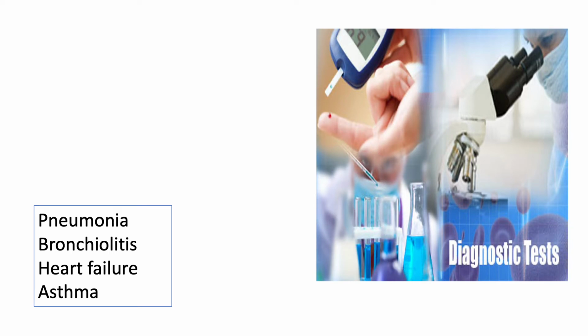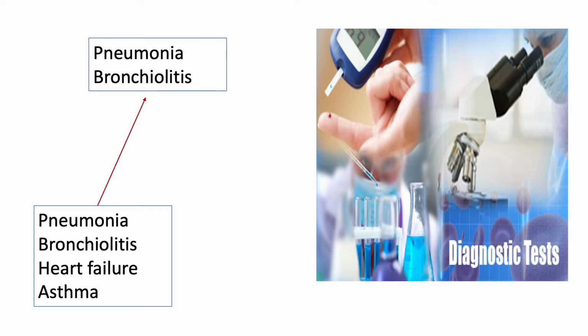We take more history, we do clinical examination, and we send initial diagnostic tests according to the initial probable diagnosis that we have in mind. And after having more information and some results of the tests we sent, we shorten the possible diagnoses. Then we start to treat according to the most probable one. We always deal with uncertainty and probability.